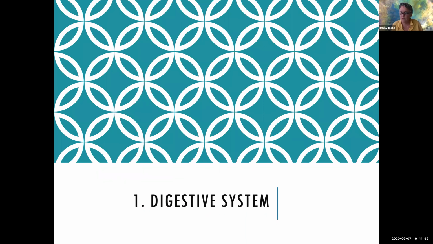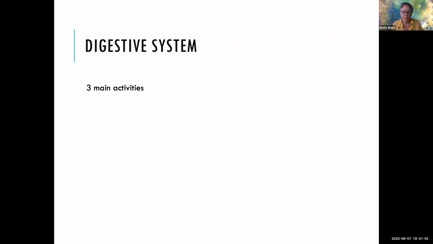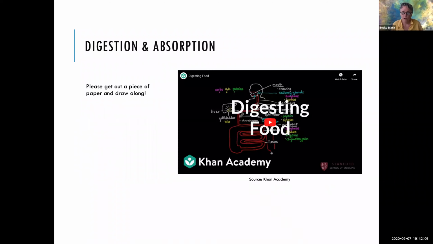So the digestive system has 3 main activities: digestion, absorption, and excretion. So what I'd like you to do is please get out a piece of paper and you're going to draw along with this video.